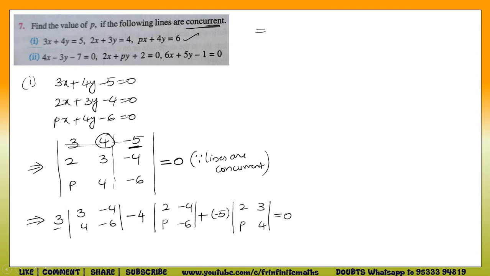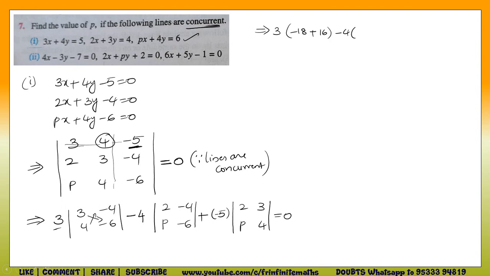Now simplifying this value. The determinant value of this is found by cross multiplication. So 3 times of: 3 times -6 is -18, 4 times -4 is -16, and since we are going from down to up, minus of minus becomes +16.